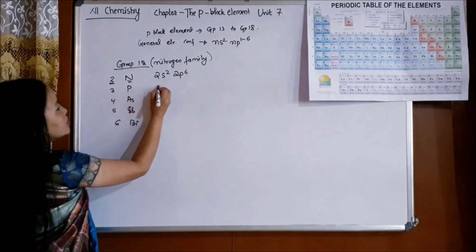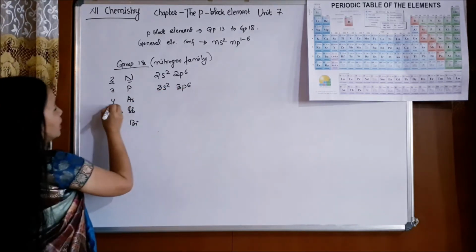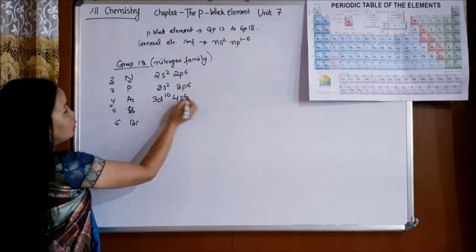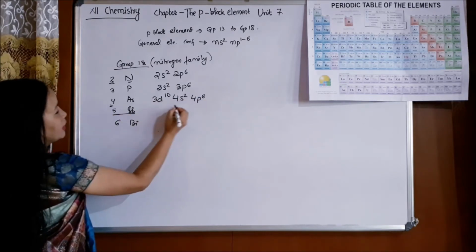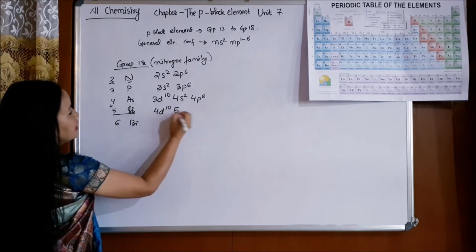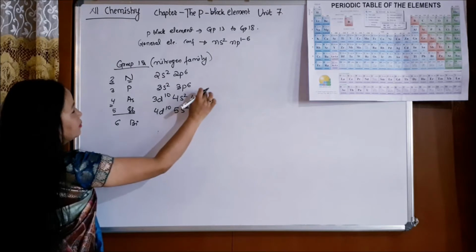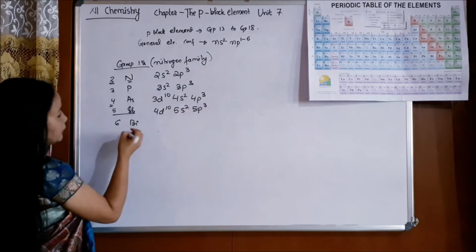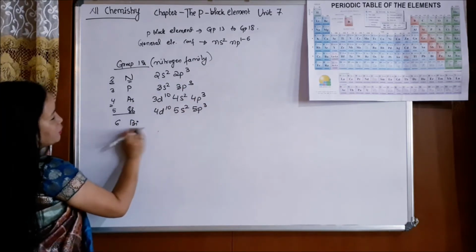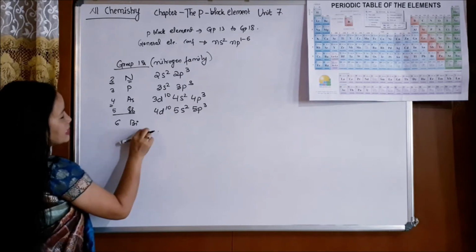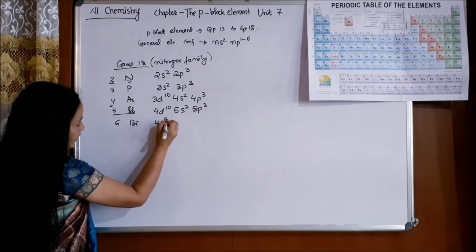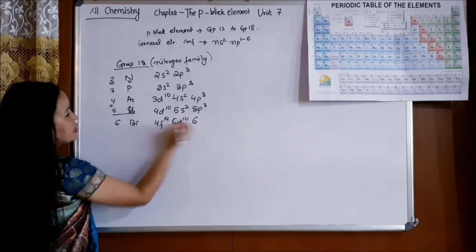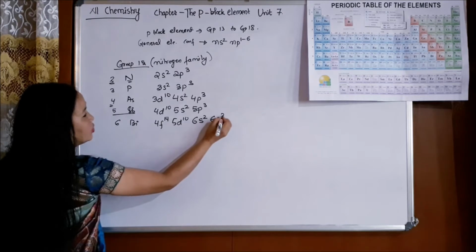So for phosphorus, it is 3s2 3p3. Now the d block starts from the 4th period, so for arsenic it is 3d10, then 4s2 4p3. Then antimony, 4d10, and the valence shell is 5, so 5s2 5p3. And the f block starts from period 6, so 4f14, then 5d10, then the valence shell is 6, 6s2 and 6p3.